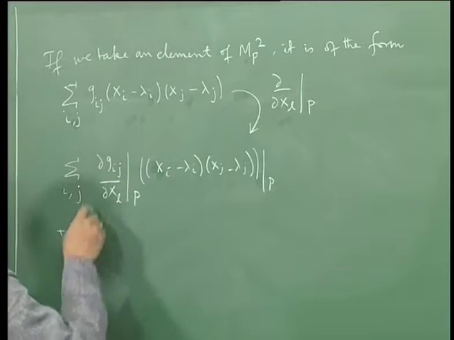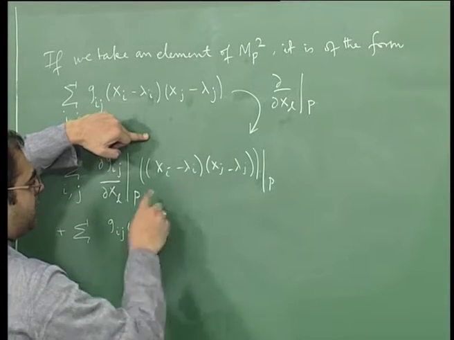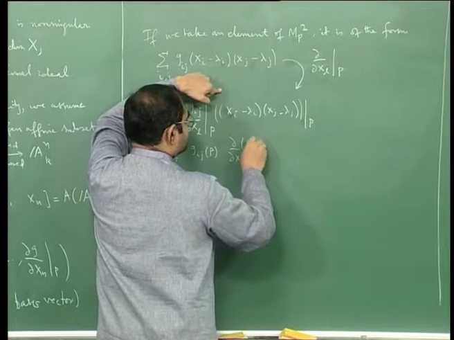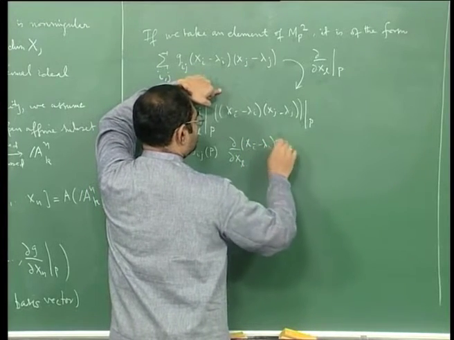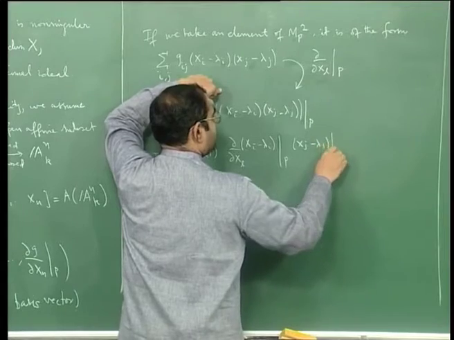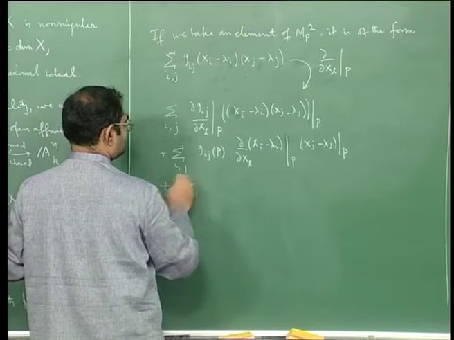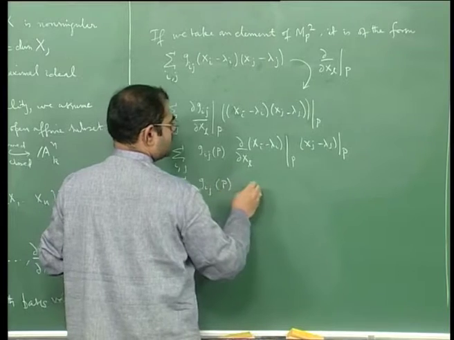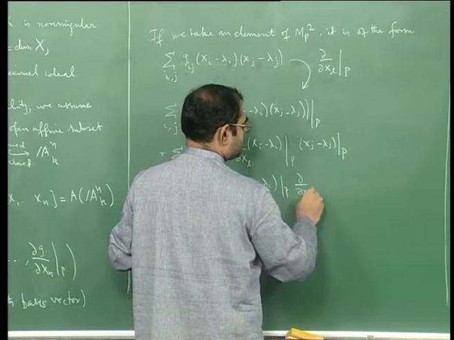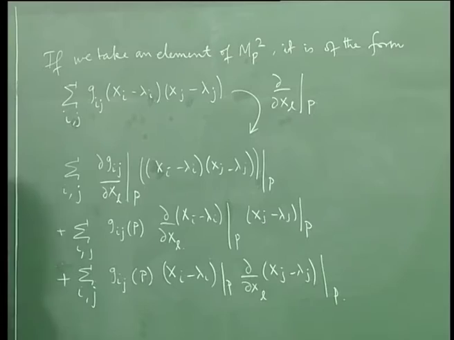Then the other term will have gij at p, and then dou by dou xl of xi minus lambda i at p into xj minus lambda j at p, and then one more term: xi minus lambda i at p into dou by dou xl of xj minus lambda j at p.